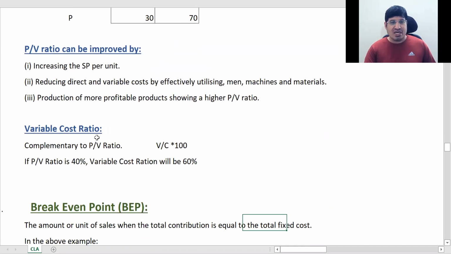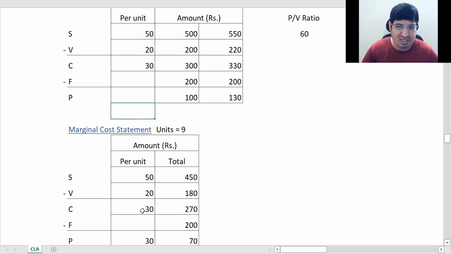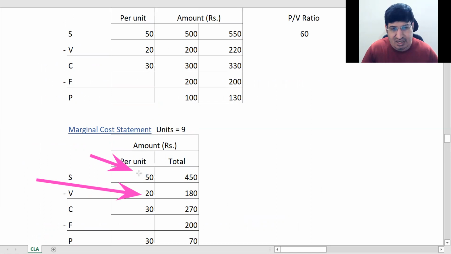There's one more thing I'll have to tell you, that is what is variable cost ratio. Variable cost ratio is the complement of profit volume ratio. So in this statement, your variable cost ratio is 20/50, whereas your profit volume ratio is 30/50.